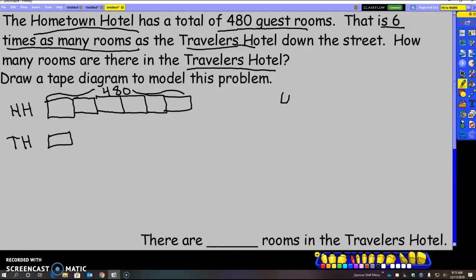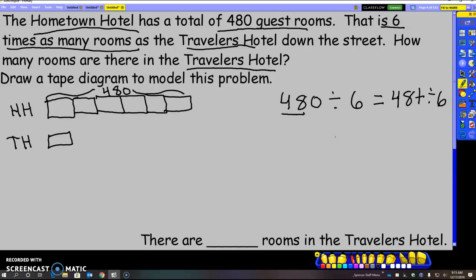So 480 divided by 6. So let's look. I have 48 tens. So 48 tens divided by 6.